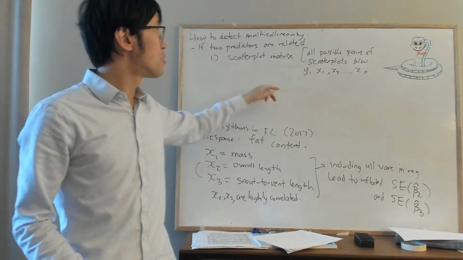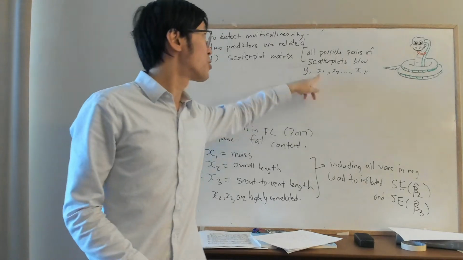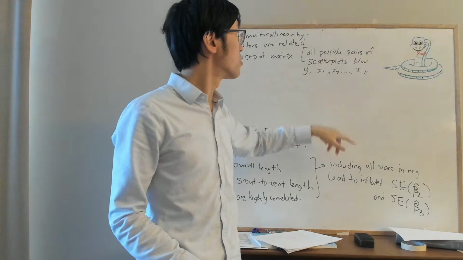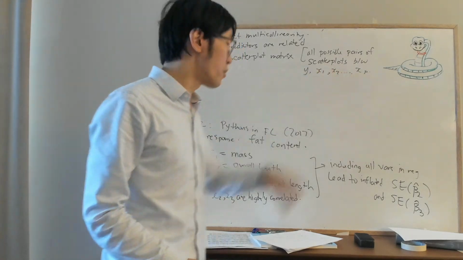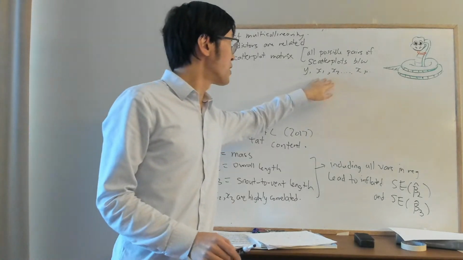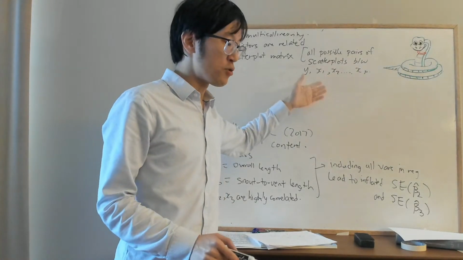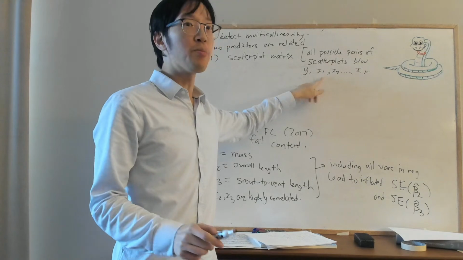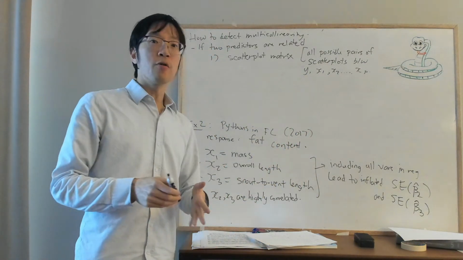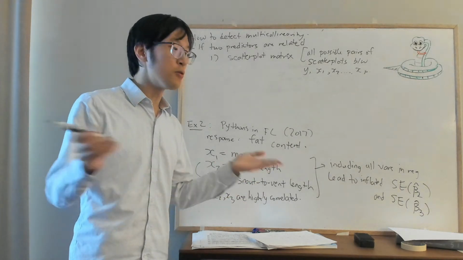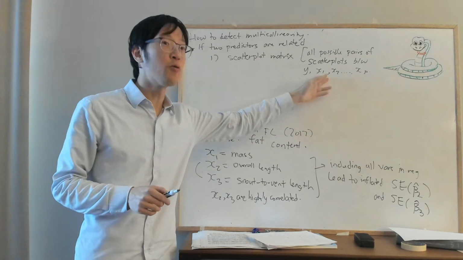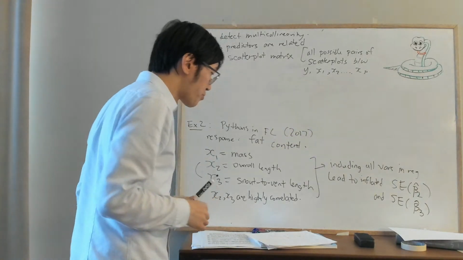But in the scatter plot matrix, we also make scatter plots of the predictors amongst themselves. So we also have a scatter plot of x1 with x2, x2 and x3, and so on, all the possible pairs. And so if, for example, some of the predictors have a strong relationship within that pair, then we will see what looks like an approximately linear relationship between predictors. So that will show up in the plot.